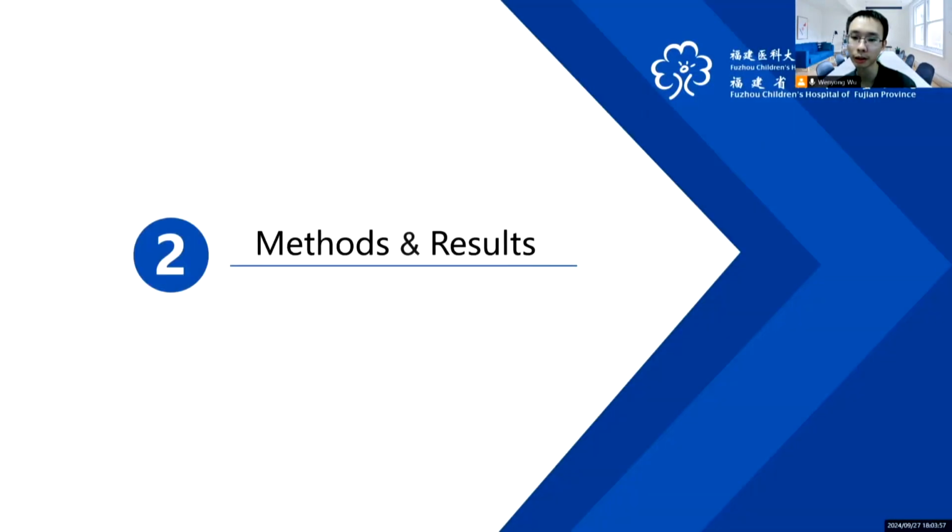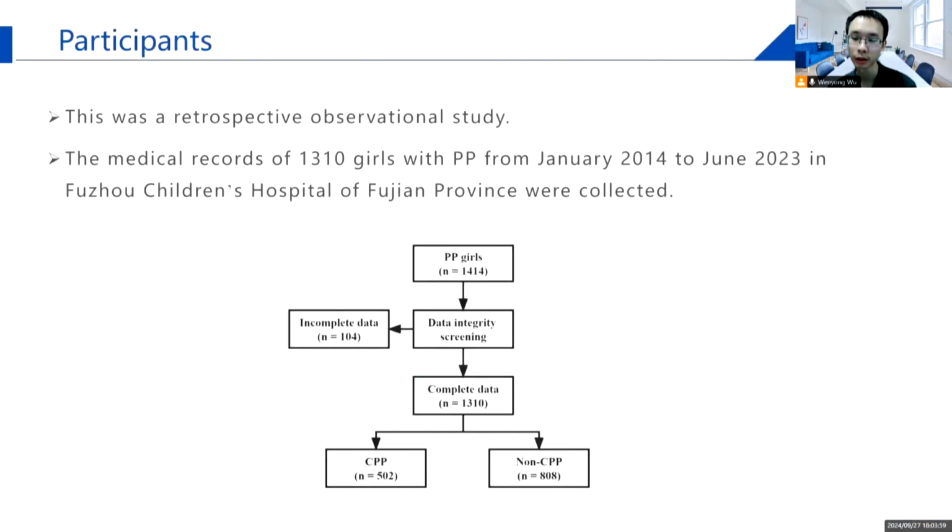The second part is methods and results. This was a retrospective observational study. The medical records of 1,310 girls with PP from January 2014 to June 2023 in our hospital were collected. The participants included 502 girls with CPP and 808 girls with non-CPP.